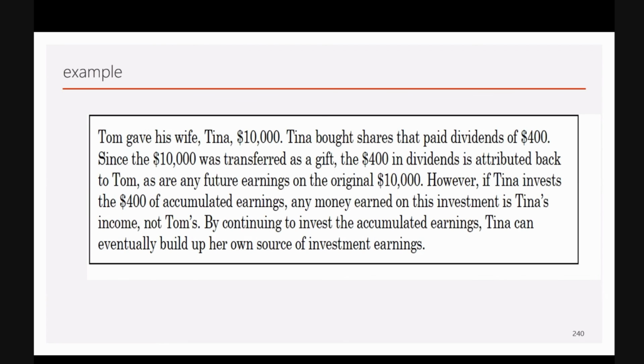It does not go back to the 10,000. Even though that 1,200 originally came from the 10,000, Tom already paid tax on that 1,200 income. So if Tina used that 1,200 and makes another income, then Tina pays the tax on it. Do you understand? Yes, ma'am.